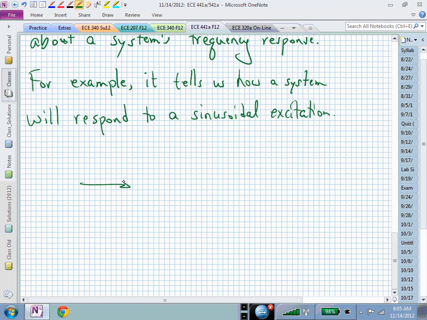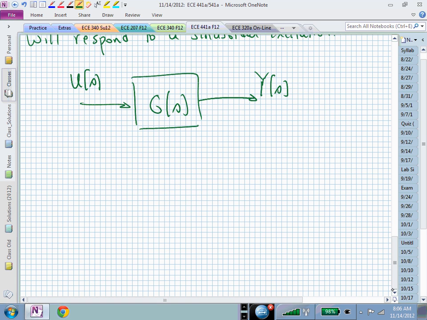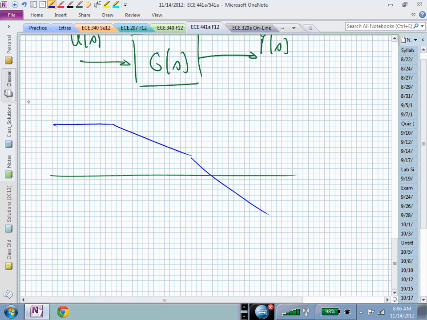Pictorially, then, we have this system. It's a linear time invariant system that we've now modeled with the transfer function. We have the output and the input. And then if somebody gives you this particular Bode plot, this is the magnitude in dB as a function of frequency, omega.